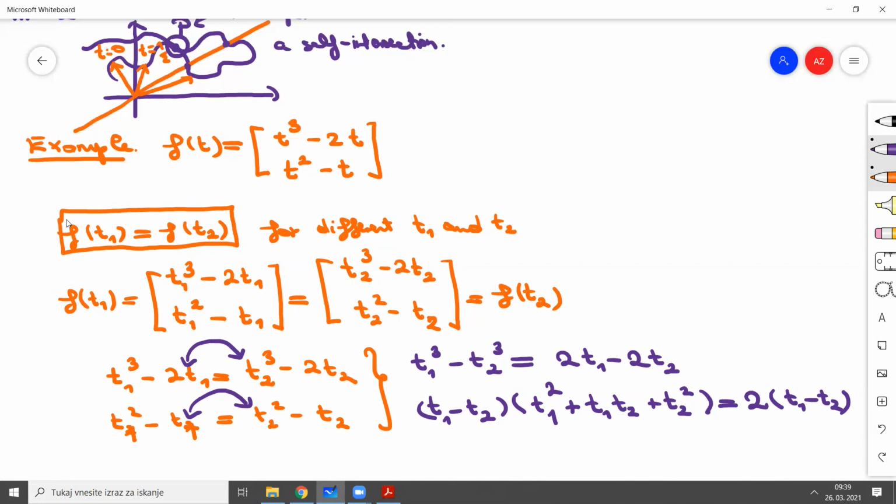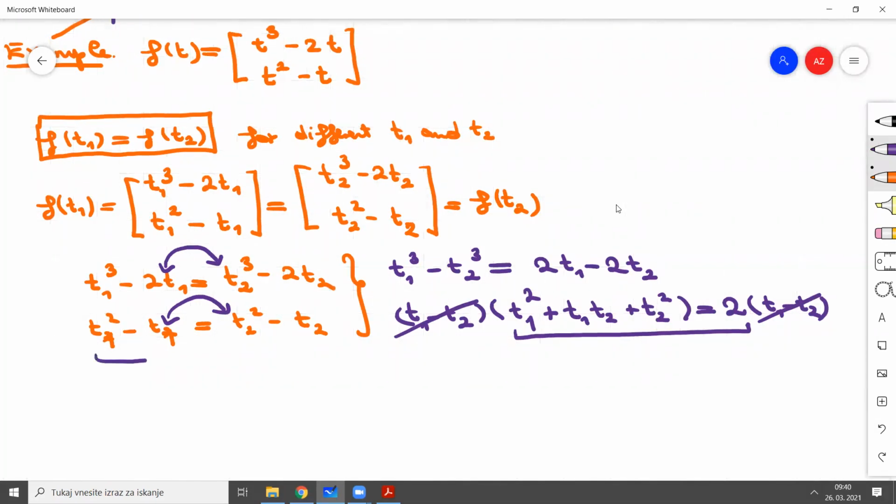So I can here assume that t1 minus t2 is different from 0 and divide it out of this equation, and the actual condition is then what remains: t1 squared plus t1 t2 plus t2 squared is 2. So this was the first one.